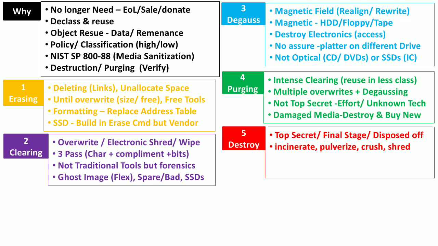So there are multiple techniques, for example, incineration and pulverizing and crushing and shredding, and then disintegration, that is the shredding into 2 millimeter pieces, and then dipping the storage media in acid. We may also want to encrypt the data before performing destruction, so that in case anything is left, it should not be accessible.